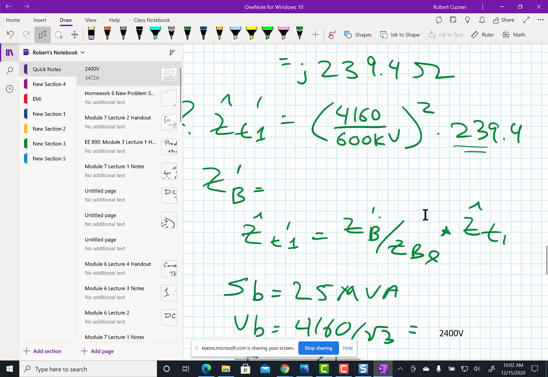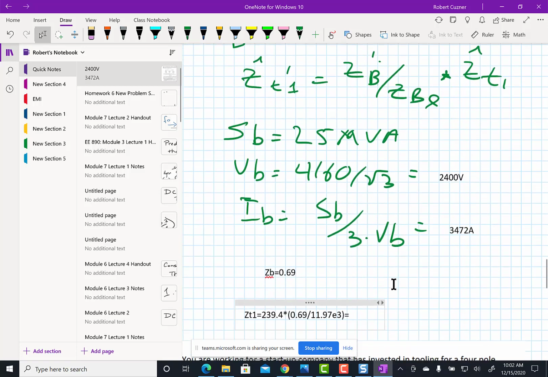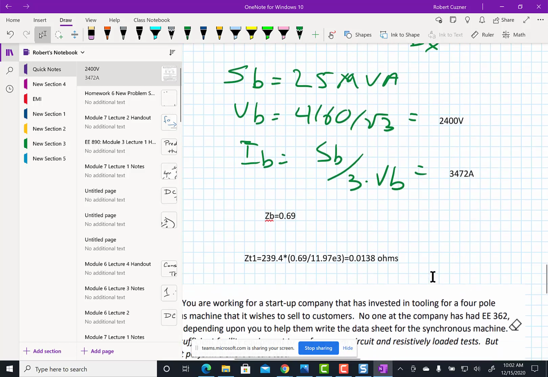And I would expect that's what I would have got here too. It might be the same number. In the interest of time, I'm not going to try to go check it. So 239.4 times 0.69 divided by 11.97 e to the 3 is 0.0138. Okay, so that's the impedance.